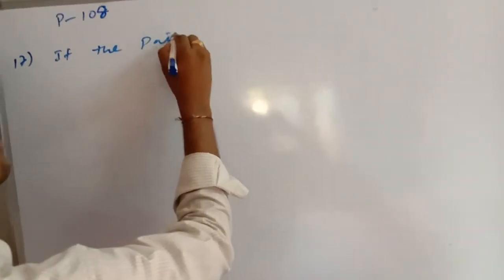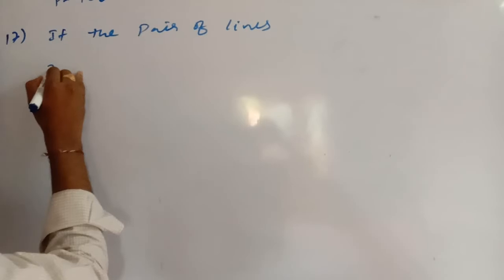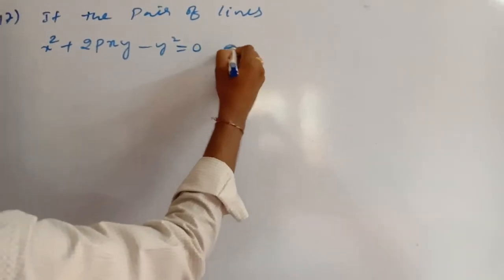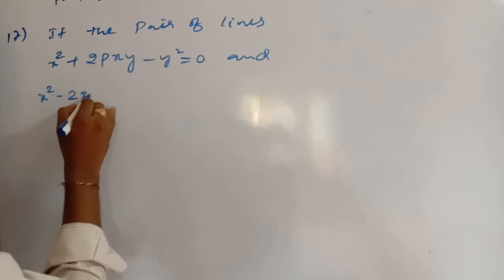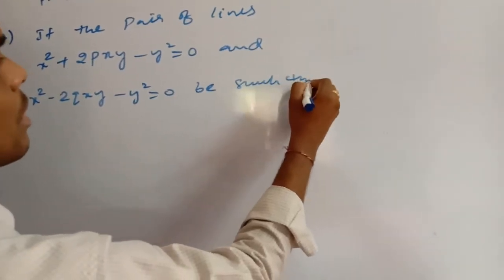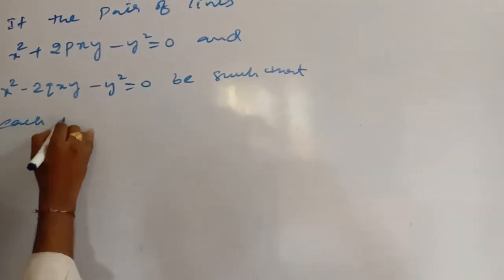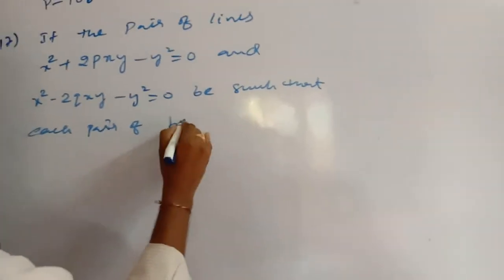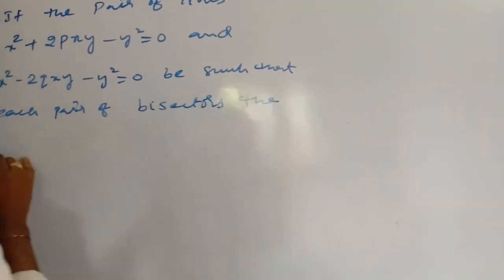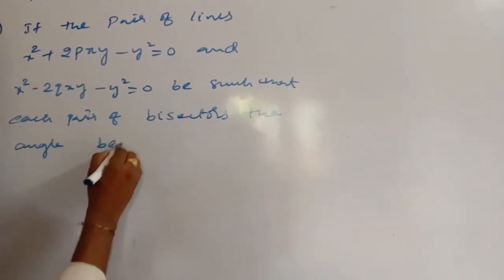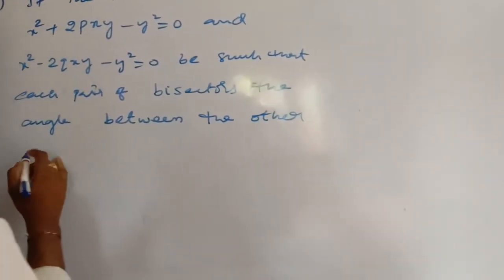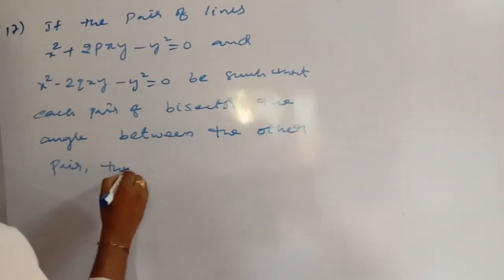If the pair of lines x square plus 2p xy minus y square is equal to 0 and x square minus 2qxy minus y square is equal to 0 are such that each pair bisects the angle between the other pair, then pq is equal to.